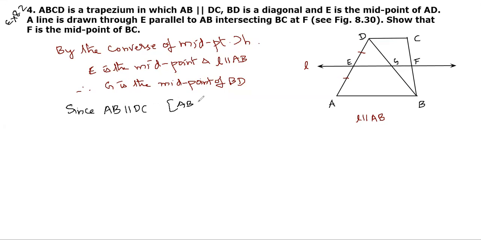The reason is given that ABCD is a trapezium, therefore these two sides are parallel and two are non-parallel.